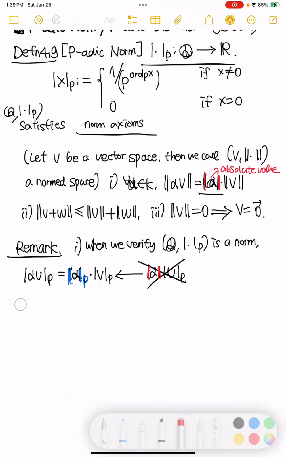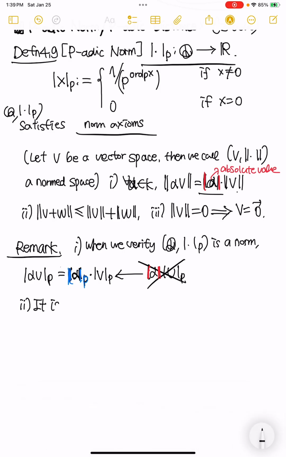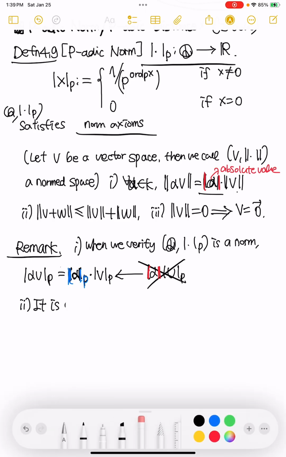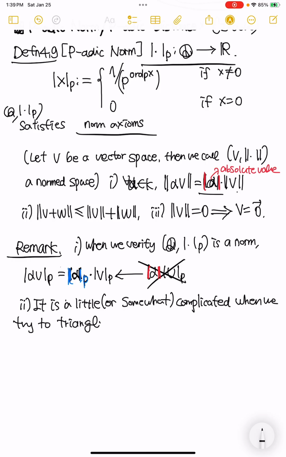And the second remark is that it is not easy. In my opinion, it is somewhat complicated to check the triangle inequality without the discrete valuation.